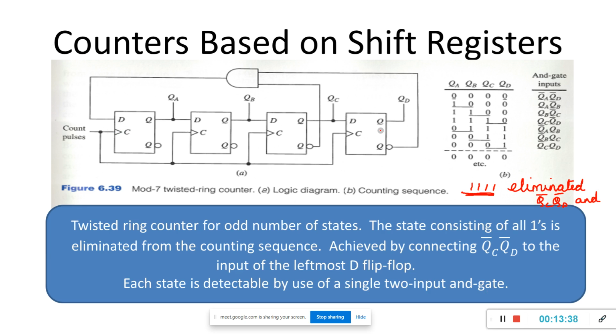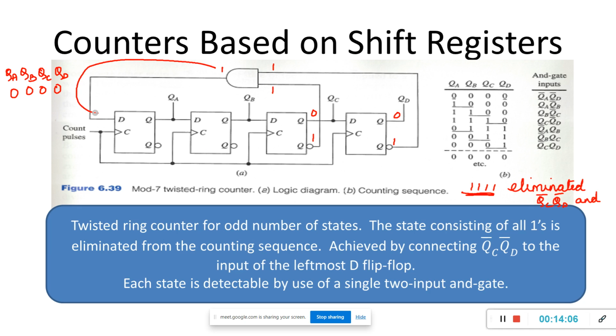Okay, so now I will talk about this: QA, QB, QC, QD, 0, 0, 0, 0. Here QC bar, QD bar both are 1. QC, QD is 0, 0 means here it will be 1, 1, isn't it? So this one will go here, this one will go here, output will be 1.